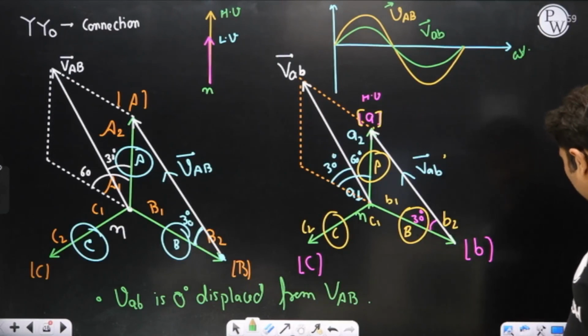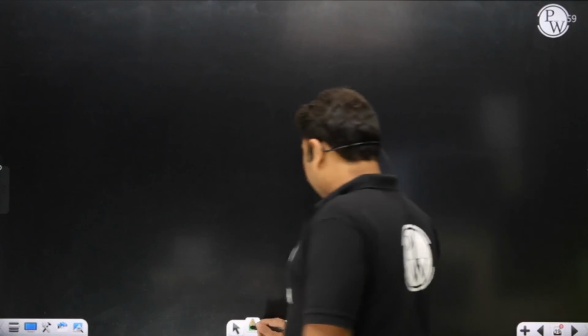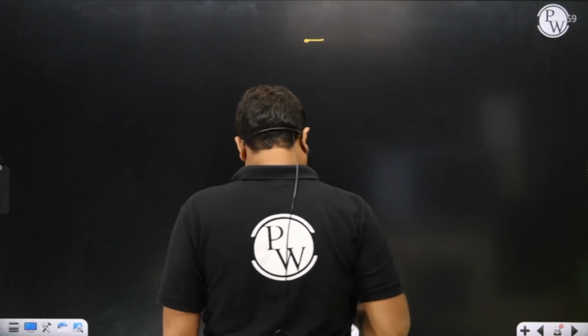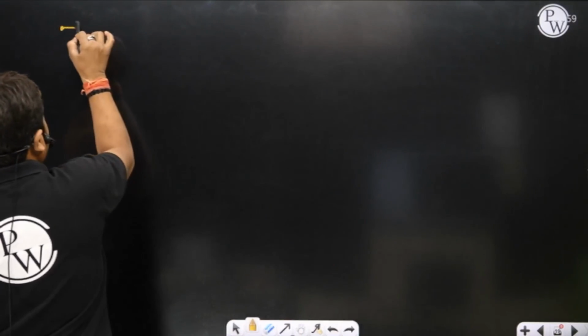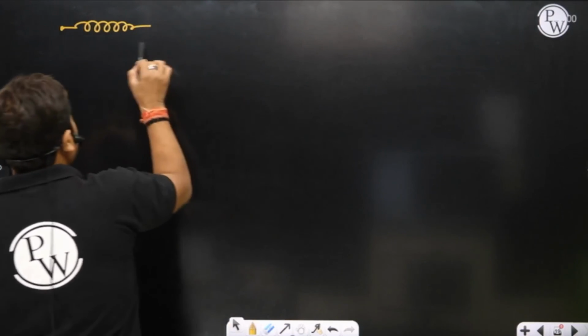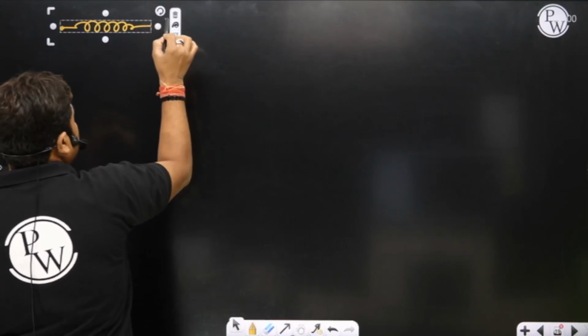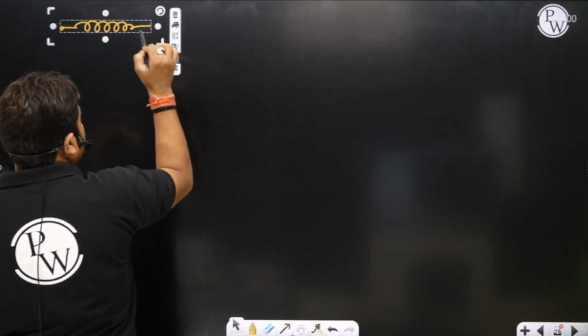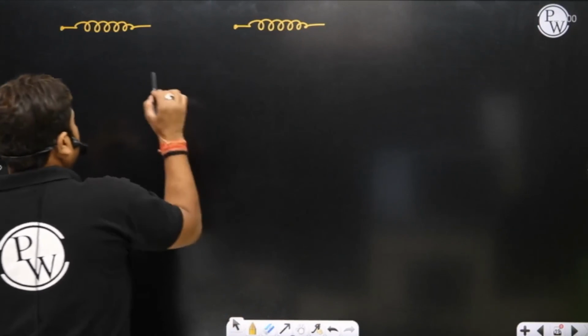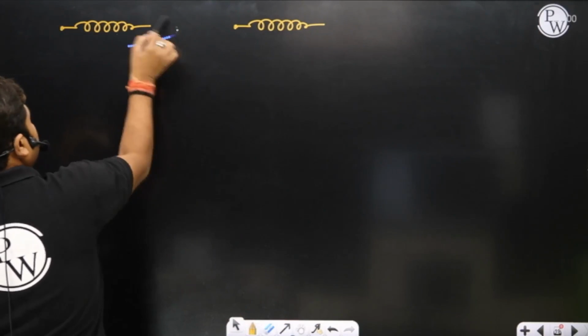I'm interested to perform a connection. So how to perform a connection? Let us suppose we have three different transformers.